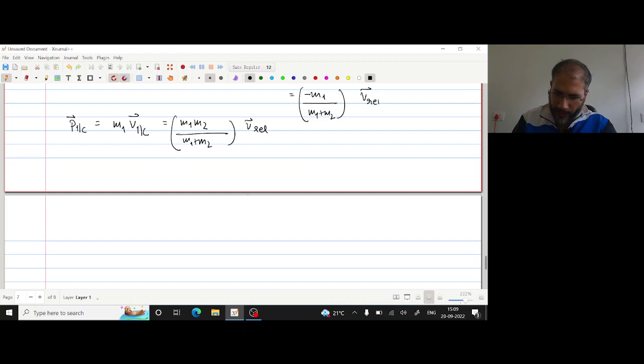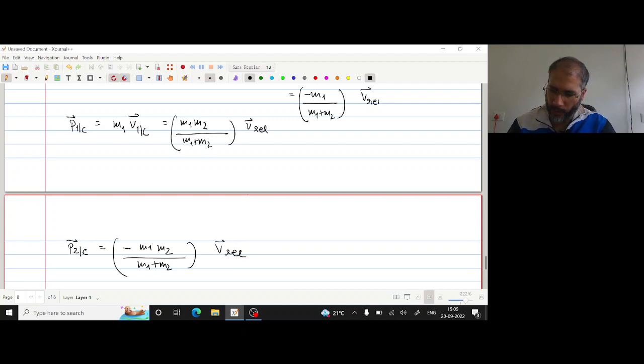Similarly, P2 in the C frame is minus m1 m2 upon m1 plus m2 times V rel. And this quantity, m1 m2 upon m1 plus m2, sorry, is denoted by mu, which is called the reduced mass.